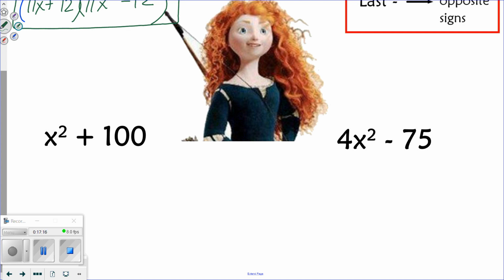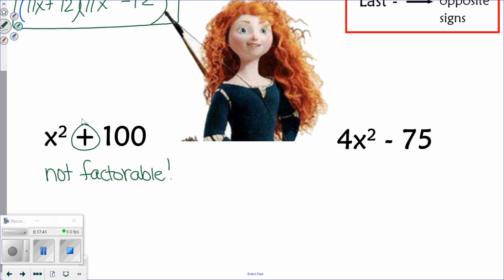Hold on, we're debating this out still. You're right. The square root of 100 is 10. Square root of x squared is x. Yeah, there's a plus sign. Because there's a plus sign here, this one is not factorable. In order for it to have one plus, one minus, that sign has to be a minus in there. So that one is not factorable.